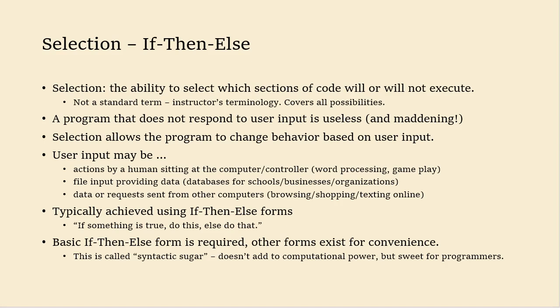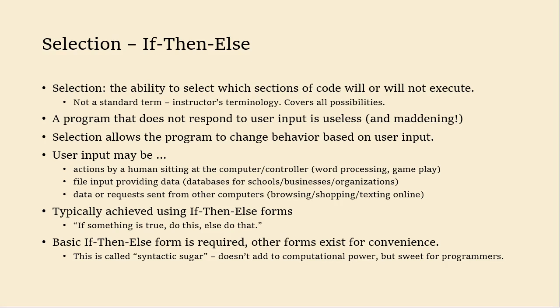Now, when I say user input, we normally think of a user sitting at a computer, like word processor or gameplay. That's the user. But remember, input can come from other forms. You may have a file, a database, and that becomes the input. And the software will do something different based on different values in that file or different values in that database.